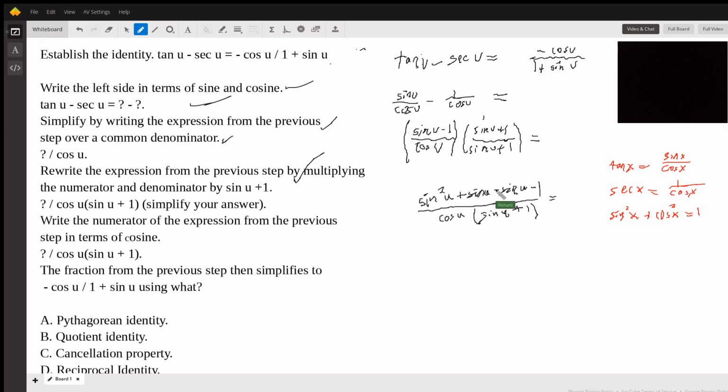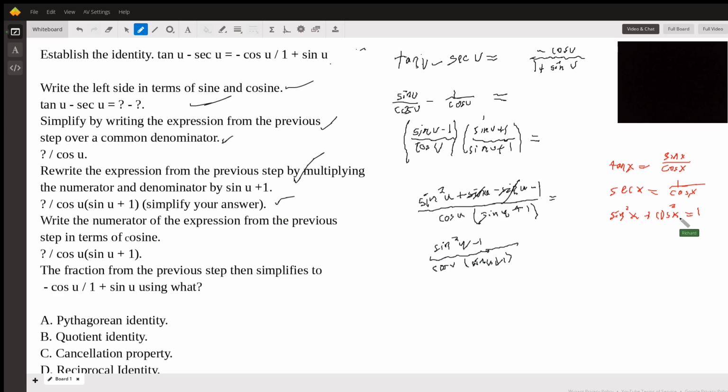Okay, so now these go away, they cancel. Sine squared u minus 1 over cosine u times sine u plus 1. Okay, so we just finished that step, write the numerator.